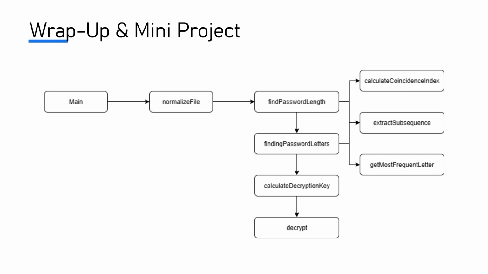So I already presented the idea and all the information we have and we need. And this is the main strategy to follow in order to develop this project. First we have a main function that we'll call normalize file.